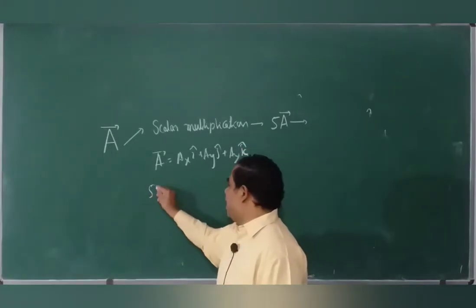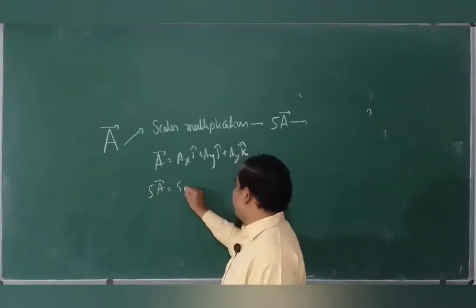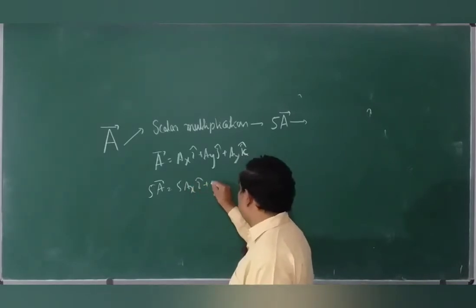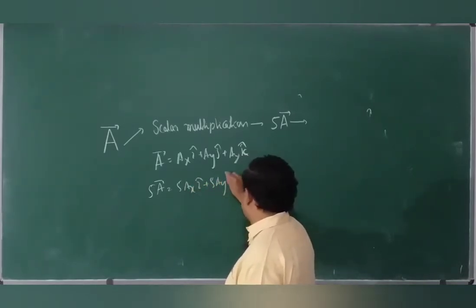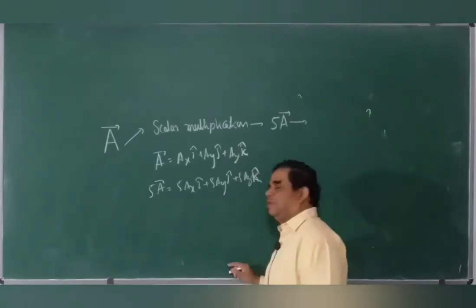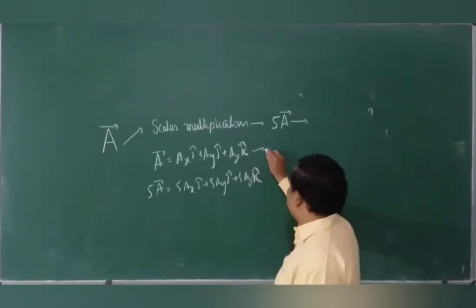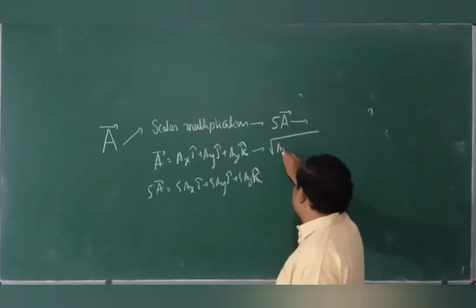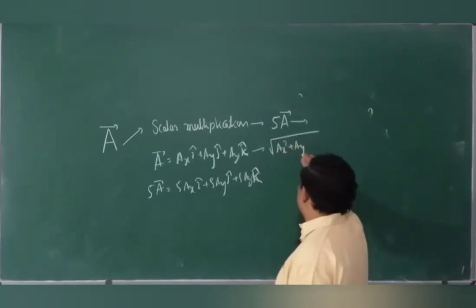Now 5A means what? 5AX i cap, 5AY j cap, 5AZ k cap. And the magnitude of A is root of AX square, AY square plus AZ square.